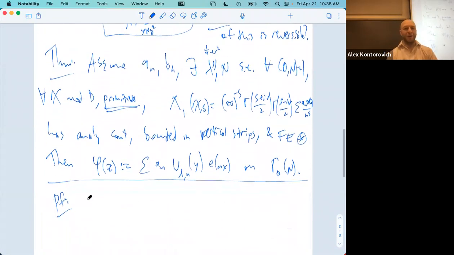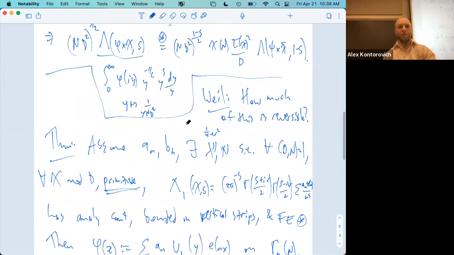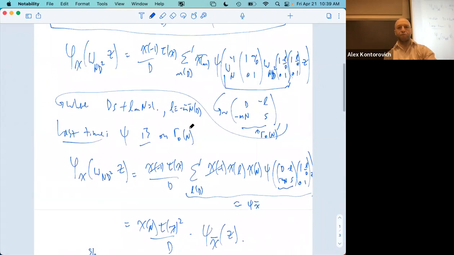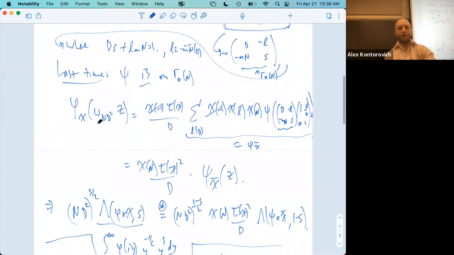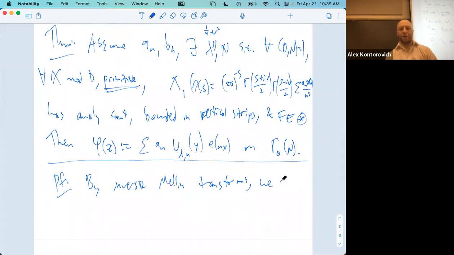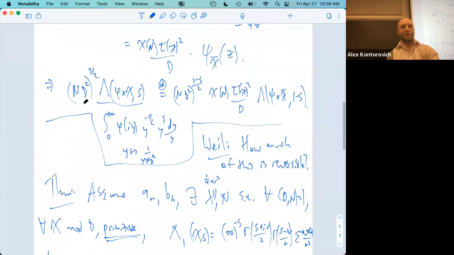So by inverse Mellin transforms, as before, we learn this formula. Let me call this formula 1. Let me just write it and then I'll answer your question. We get 1, which is phi chi.